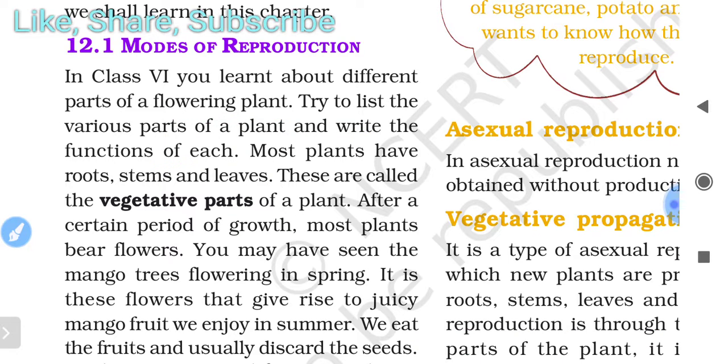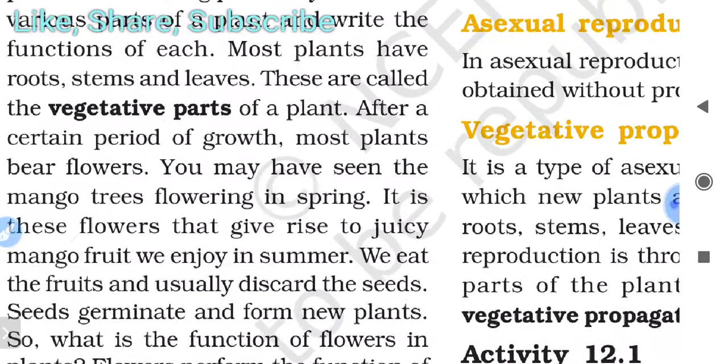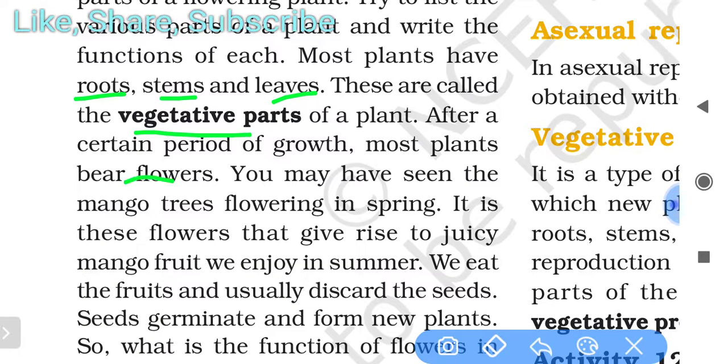So most plants have roots, stems, and leaves. These are called the vegetative parts of a plant. After a certain period of growth, most plants bear flowers. You may have seen the mango tree flowering in spring.